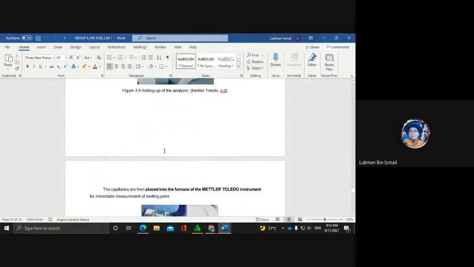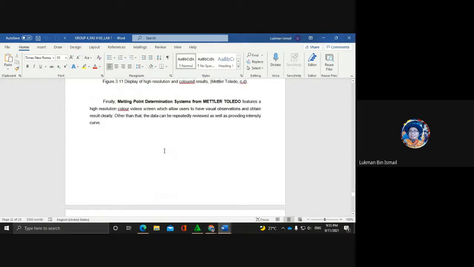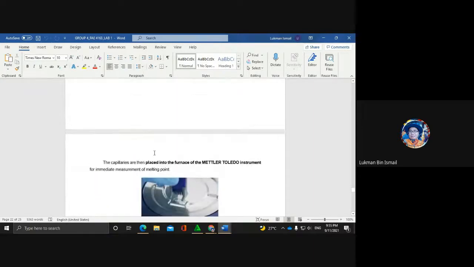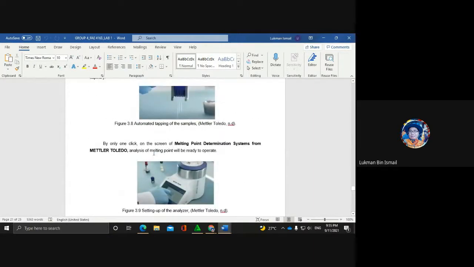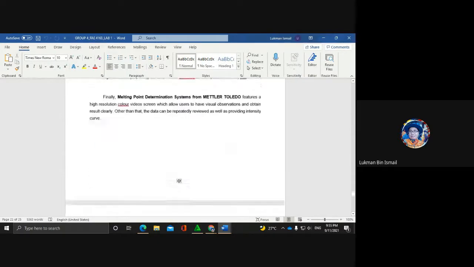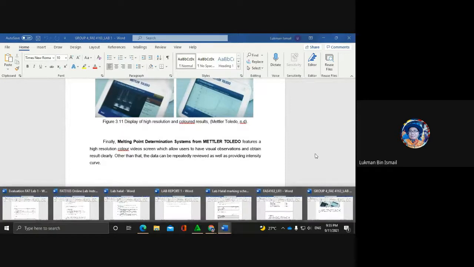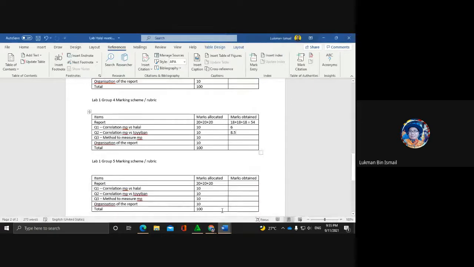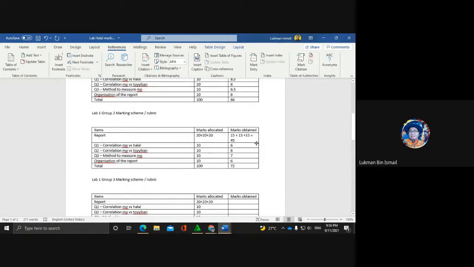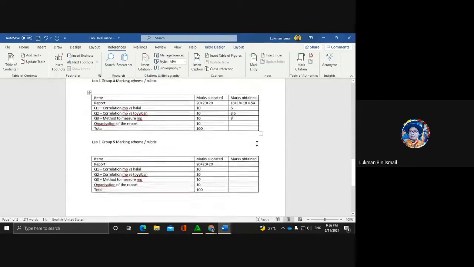So you explain the methodology, but you not explain the advantage of this equipment, but it's a good answer. So 8 for that. Let me compare with other people. 7 and 6, yeah, okay, so you should get 8.